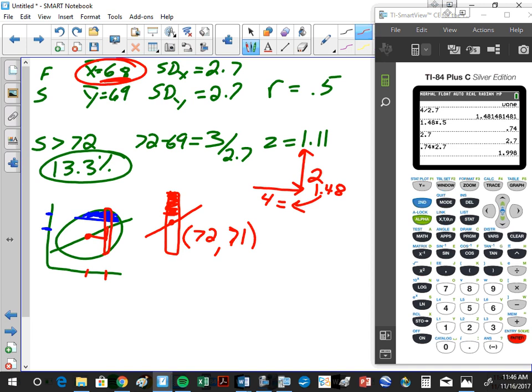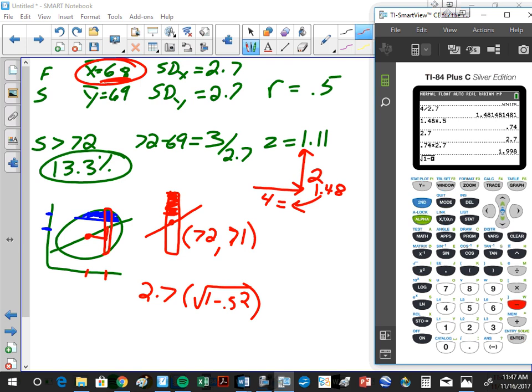Okay. What is the SD, the new SDY for that vertical strip? Well, it's going to be 2.7 times the square root of 1 minus 0.5 squared, which we would expect a number smaller than 2.7 because we're looking at a vertical strip. So, square root of 1 minus 0.5 squared.